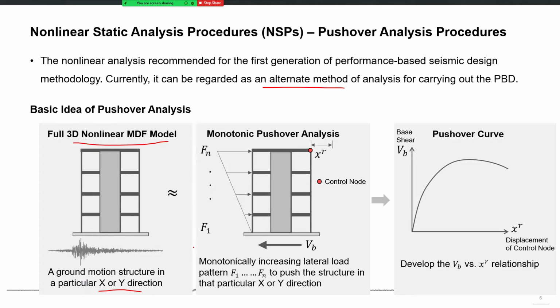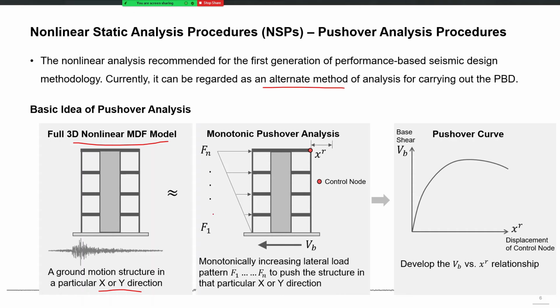So we approximate the real ground shaking scenario by this case that we have the same computer model, but now the loading is applied instead of ground shaking, and that loading has a certain pattern. I will discuss that there are several patterns which can be used for this purpose, but that pattern will remain constant, while the amplitude of all those story forces, one at each story, will increase monotonically.